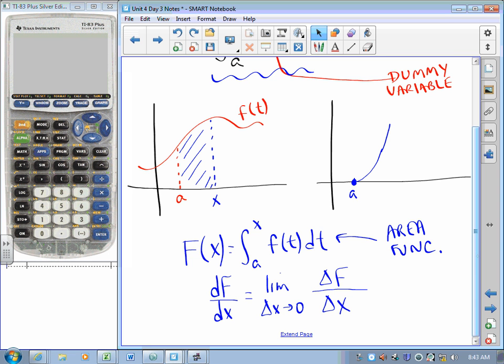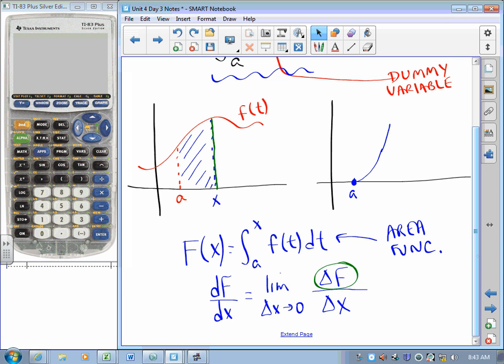Well, what is the change in capital F? It's the change in a teeny tiny piece of area. It's literally the width of that green segment. It's the economist's marginal cost.